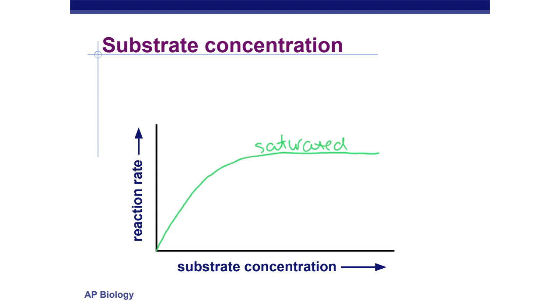The enzyme can only work at a particular rate. Once all the enzymes are constantly being used, and remember, enzymes are reused, so use and then go grab another one, that reaches that saturated point, and so it will level off as well. So increasing enzyme concentration and increasing substrate concentration can increase reaction rates to a point.